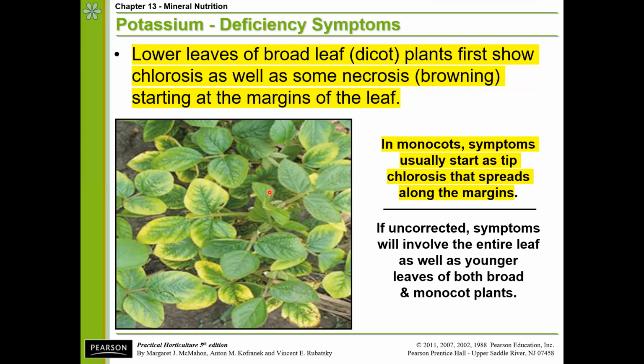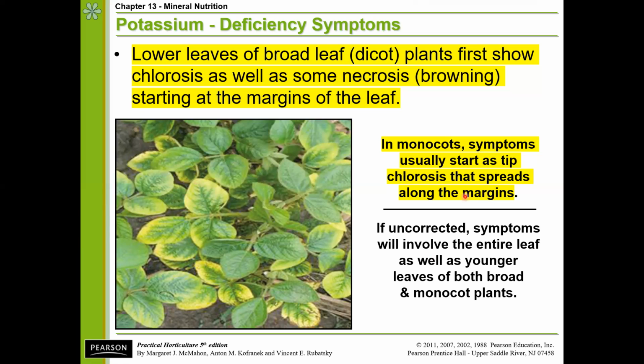So we'll start to see it as chlorosis, which is just yellowing, can't make the chlorophyll, and that starts at the margins of the leaf. So in this case, for potassium, we'll see it starting on the outside and moving in between the veins, interveinal chlorosis. In monocots, though, our grasses and grains, symptoms usually start as a tip chlorosis, and it spreads along the margins instead of along the veins.